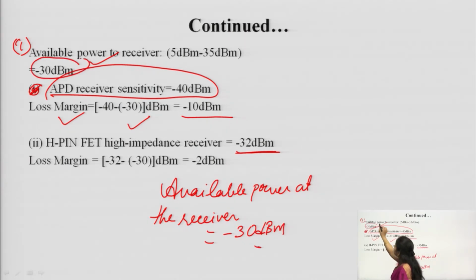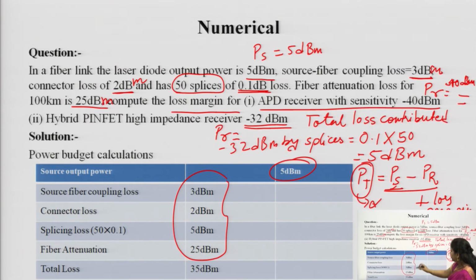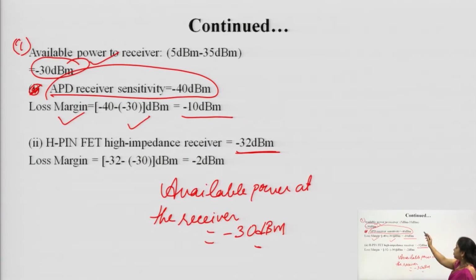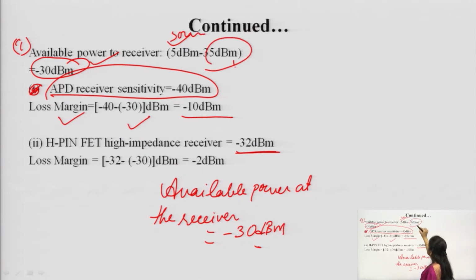This value will remain the same because the receiver sensitivity varies, but the available power at the receiver will remain the same, which is calculated from 5 dBm and 35 dB. The 5 dBm is of course the source output, and this is the loss. So, it will be minus 30 dBm.